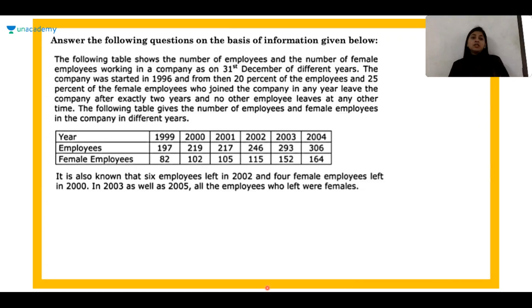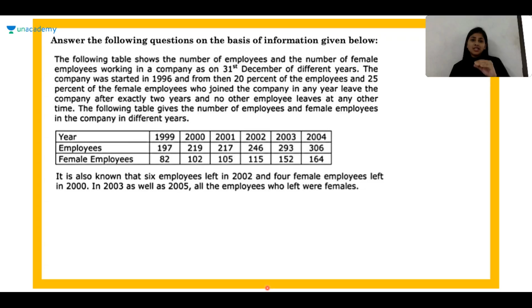Okay, see this one. The following table shows the number of employees and the number of female employees working in a company as on 31st December of different years. The company was started in 1996, and from then onwards 20% of employees and 25% of female employees left every year.